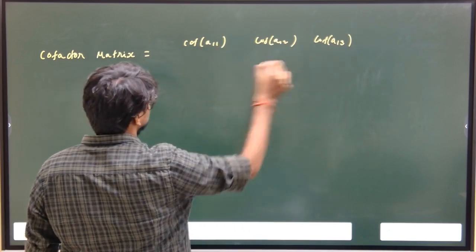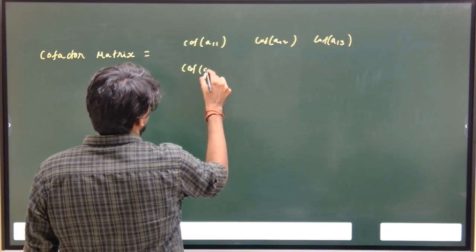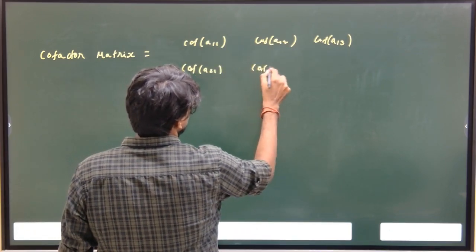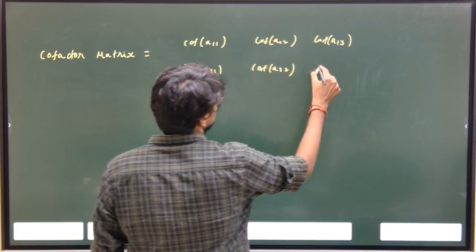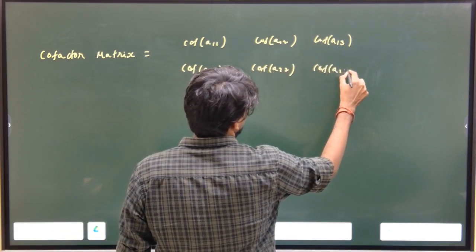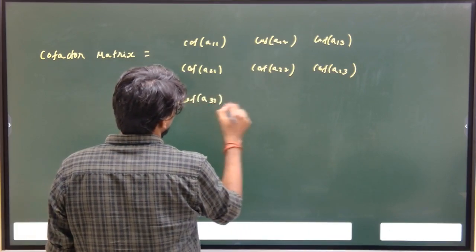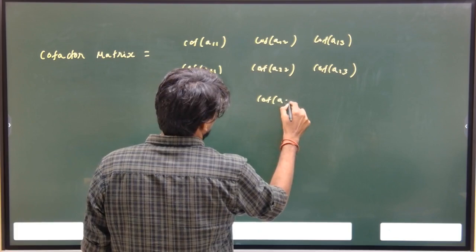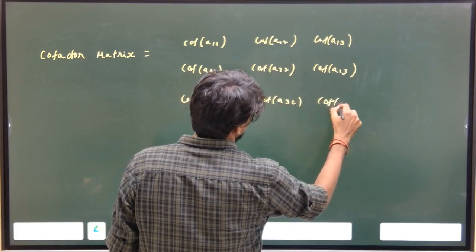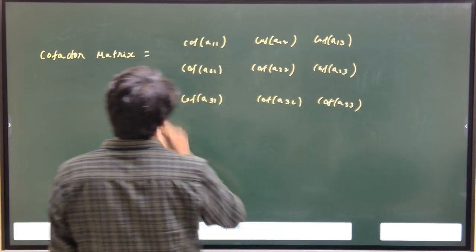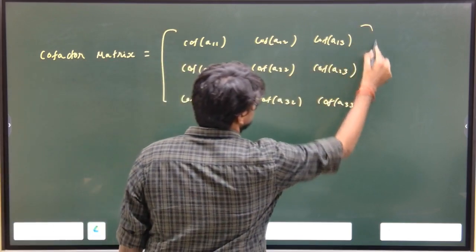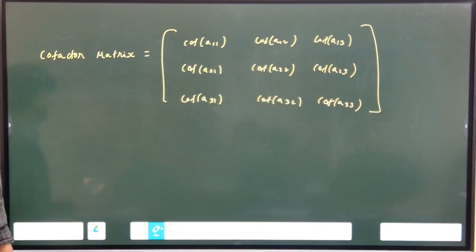Next, cofactor of A21, A22, A23, then cofactor of A31, A32, A33. This is our cofactor matrix.